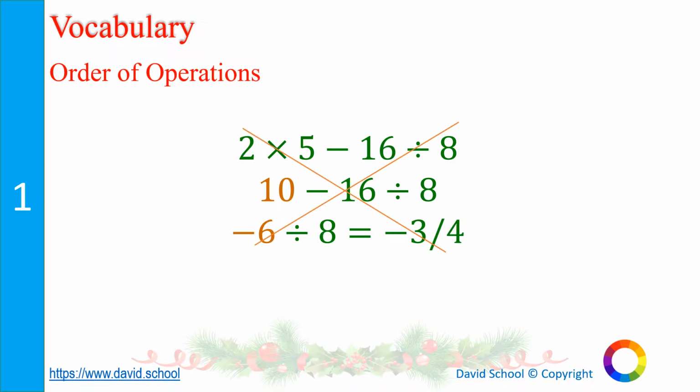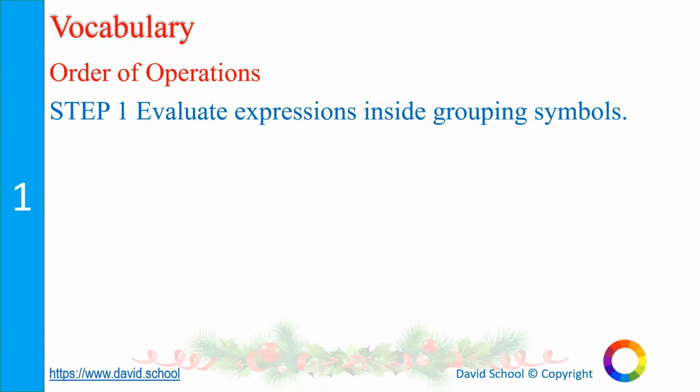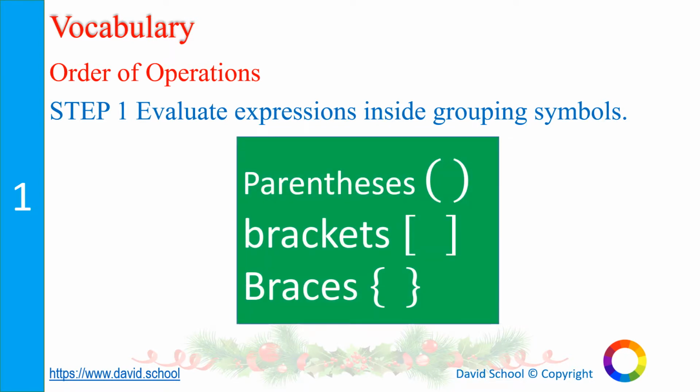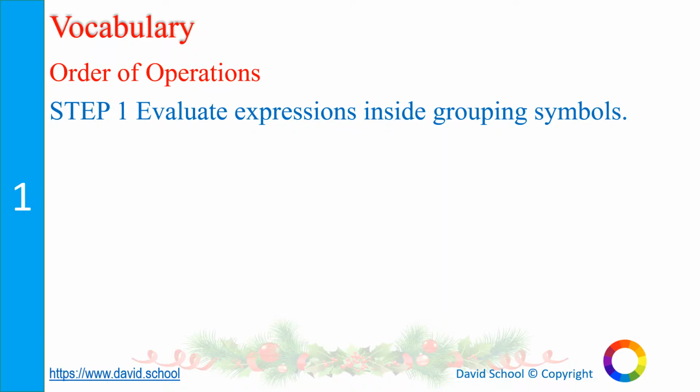In order of operations, there are 4 steps. The first step is evaluate expressions inside the grouping symbols. Grouping symbols include parentheses, brackets, and braces. If any expression contains more than one set of grouping symbols, evaluate the expression from the innermost set first.